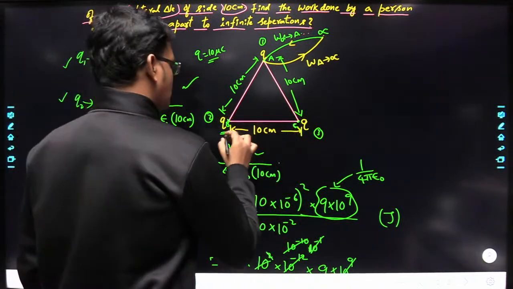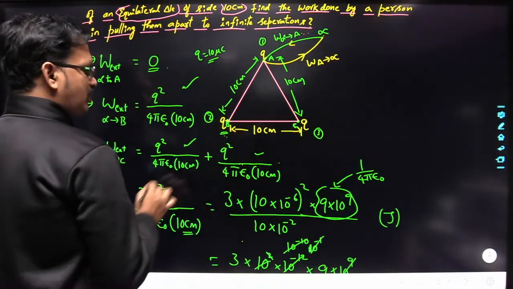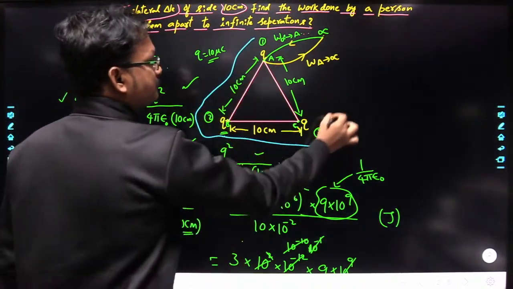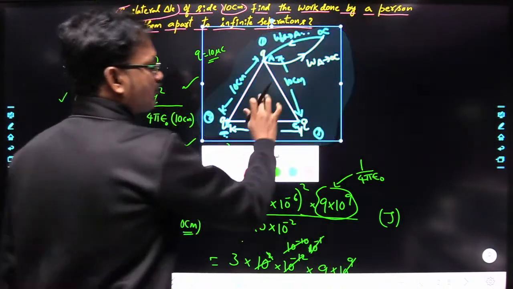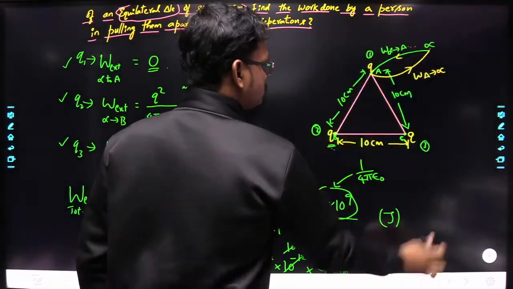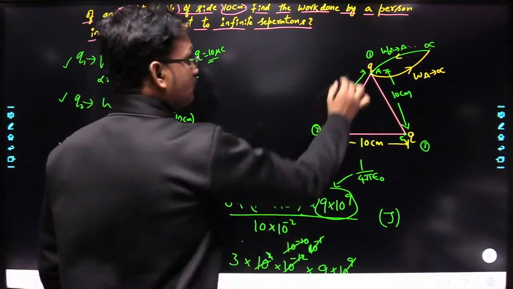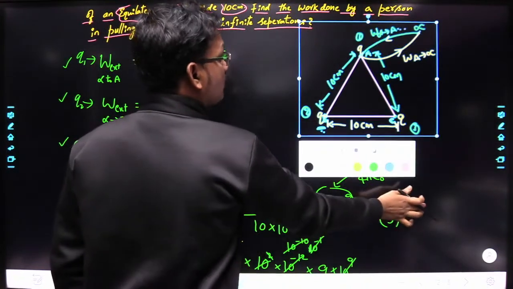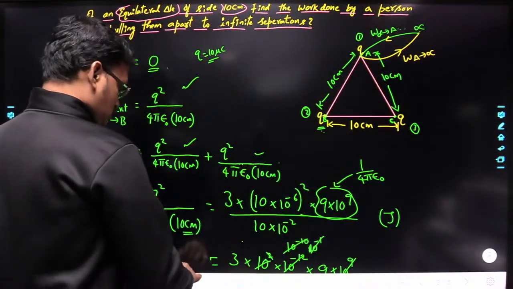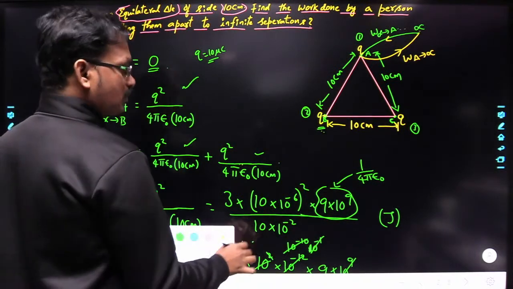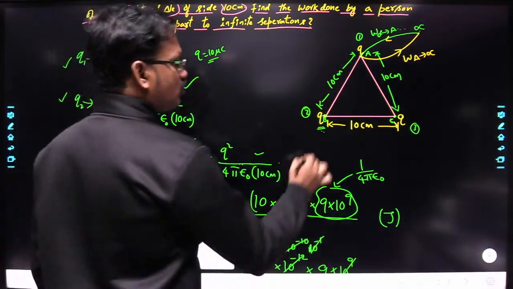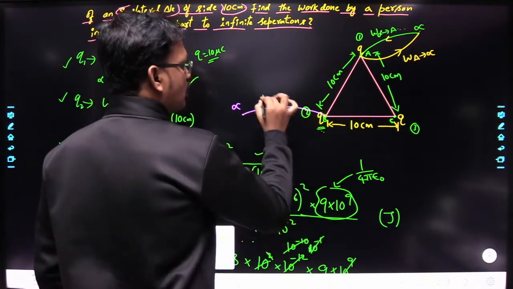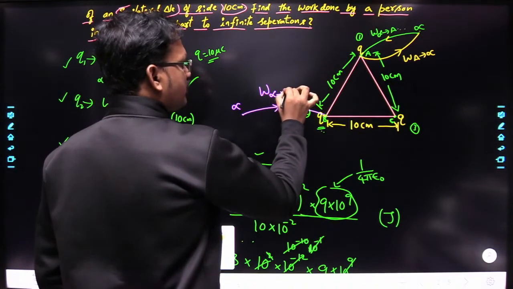Next, you brought this charge Q2 from infinity to this location. So work done in order to move the charge from infinity to B.